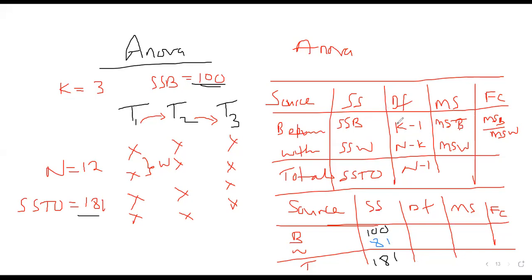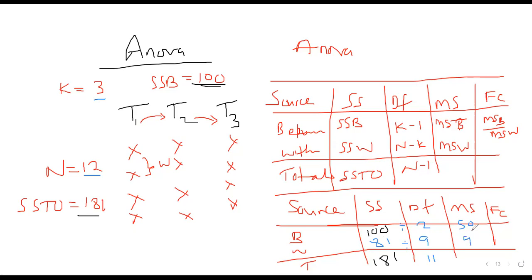Then here the degree of freedom is K minus 1. How many treatments do we have there? 3. 3 minus 1, we get 2. Then the degree of freedom for within is N minus K. Our N is 12, our K is 3. So 12 minus 3, we get 9. Then we total here, we get 11. The mean is just dividing these values. 100 divided by 2 is 50. 81 divided by 9 is 9.